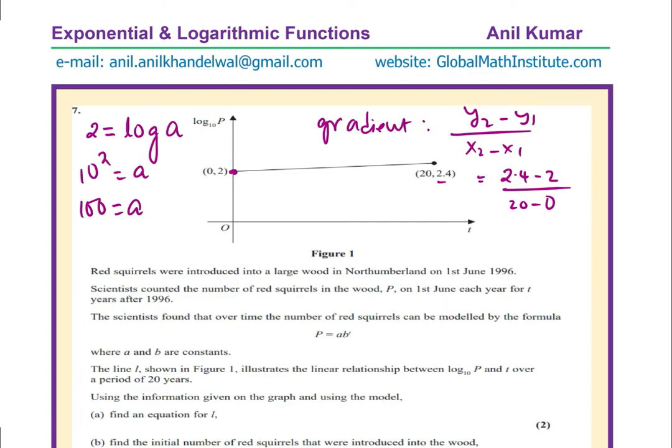So equating this to log of b, which is 0.4 over 20, or dividing we get 0.02, we can find the value of b. And the value of b will be 10 to the power of 0.02. Using calculator, we can find this answer. You get the idea. And once we find the value of a and b, we have all our equations. Perfect. So that is how we are going to tackle this particular question.